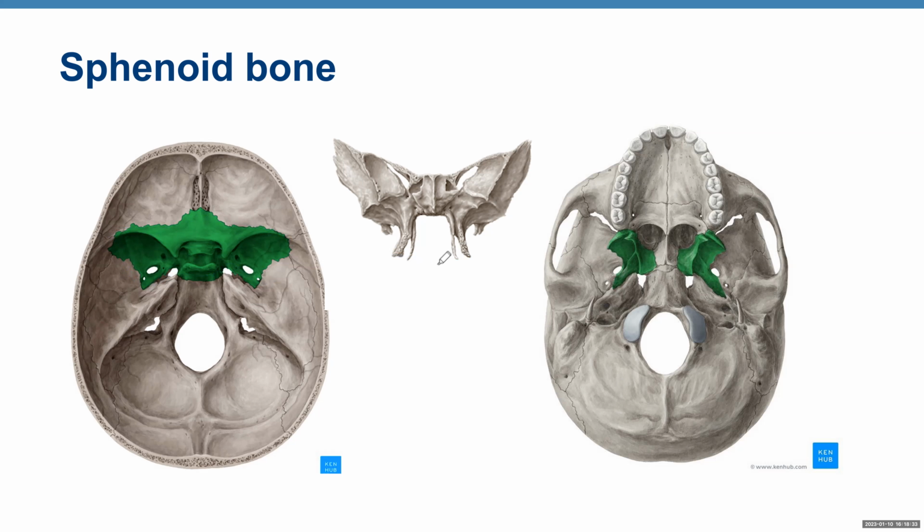This is the sphenoid bone. This is an inferior view of the skull with the mandible removed. You see this part, that is also part of the sphenoid bone. You have this area of the sphenoid bone where the pituitary gland is located. It's called sella turcica.